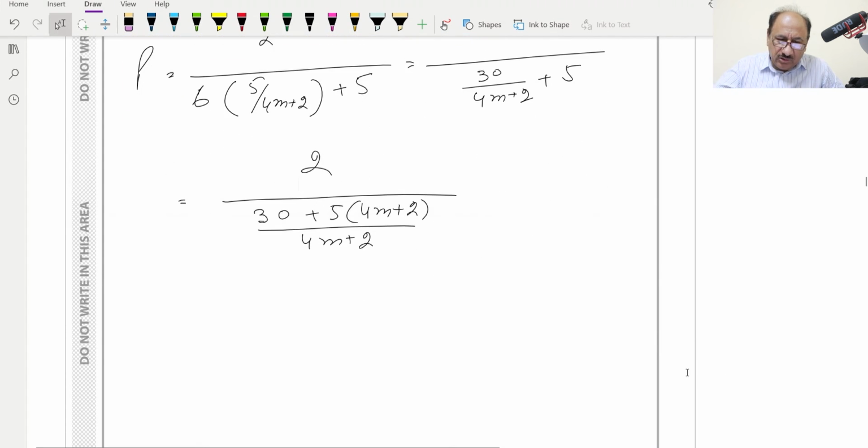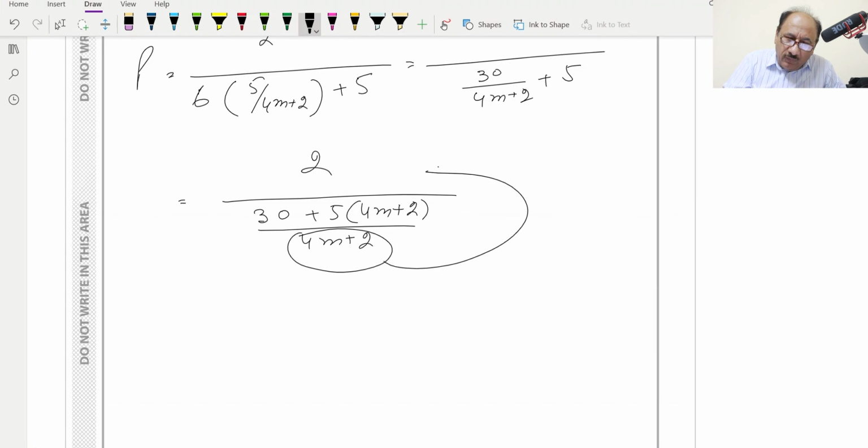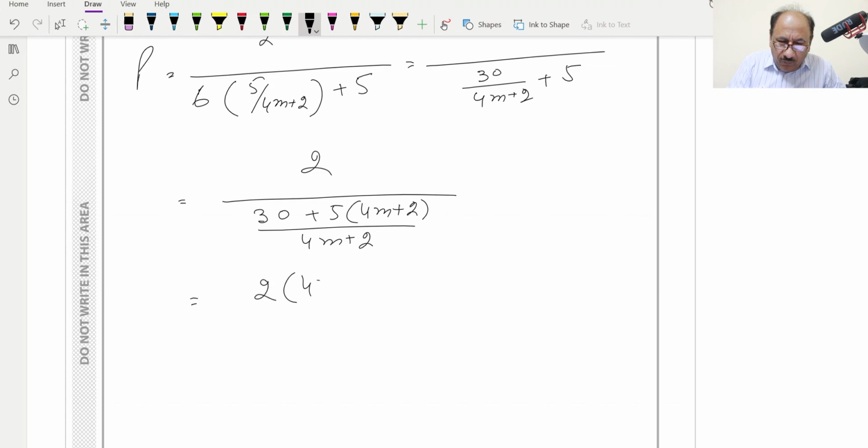Now after this, this denominator over denominator will move as numerator. So our next step will be 2 into 4m plus 2 over, we will open the bracket, so it will be 20m plus 10, 20m plus 10, and this will be equal to what?